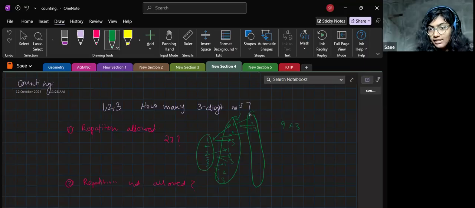So you get 9 times 3, which is 27. Does this make sense to everyone? This is basically what we are going to be doing over and over in class today. Does it make sense why it's not 3 plus 3 plus 3 and why it's 3 times 3 times 3?